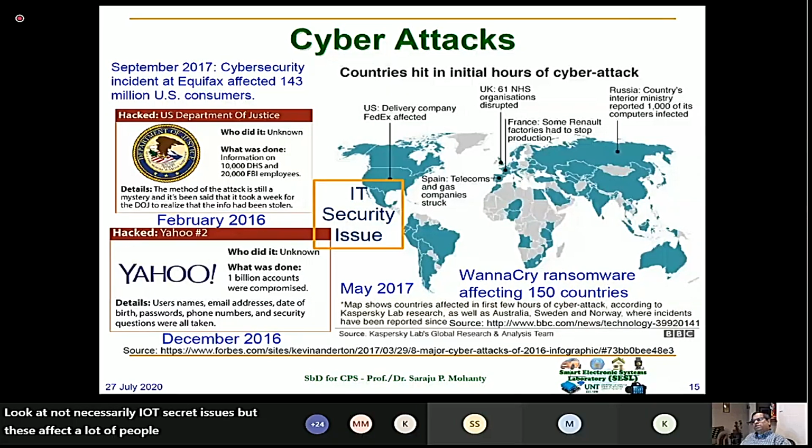That's why it always becomes big news. For example, some retail store's online site was hacked, or Yahoo's site was hacked, or ransomware. All these become big news because they affect a lot of people, but these, as I said, are IT security issues.